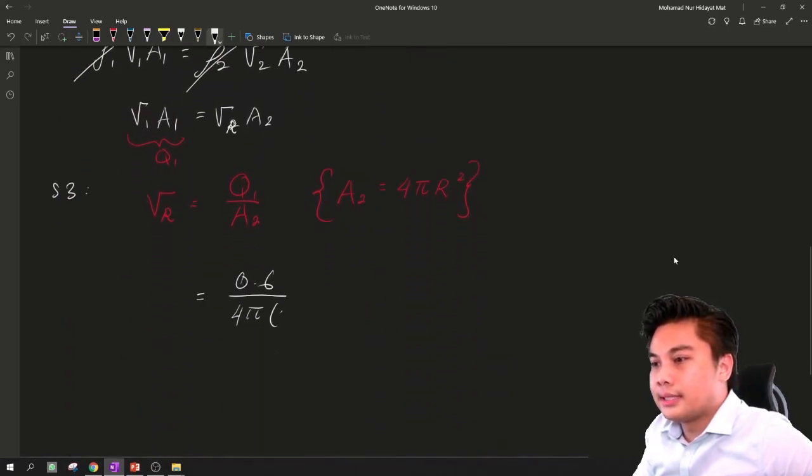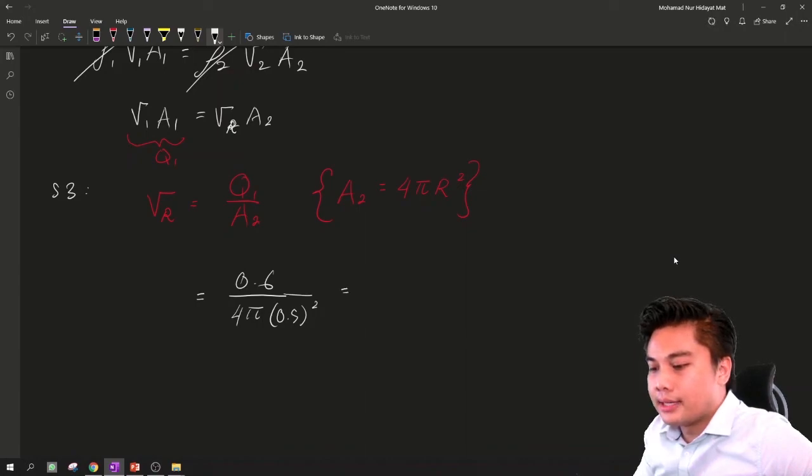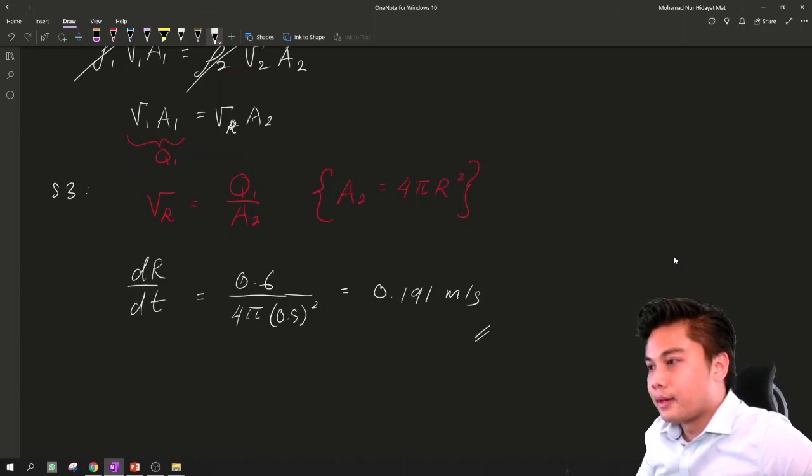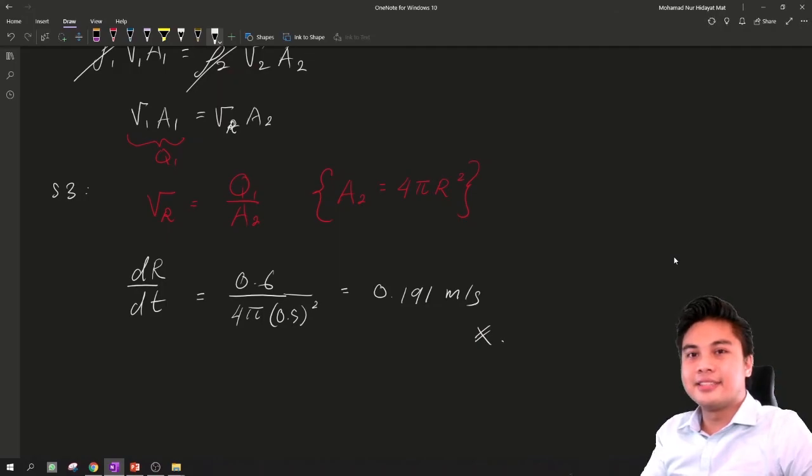So just substitute here 0.5 squared. Thus the final answer is 0.191 meter per second. This is basically the same as dr over dt. Thus the final answer is 0.191 meter per second.